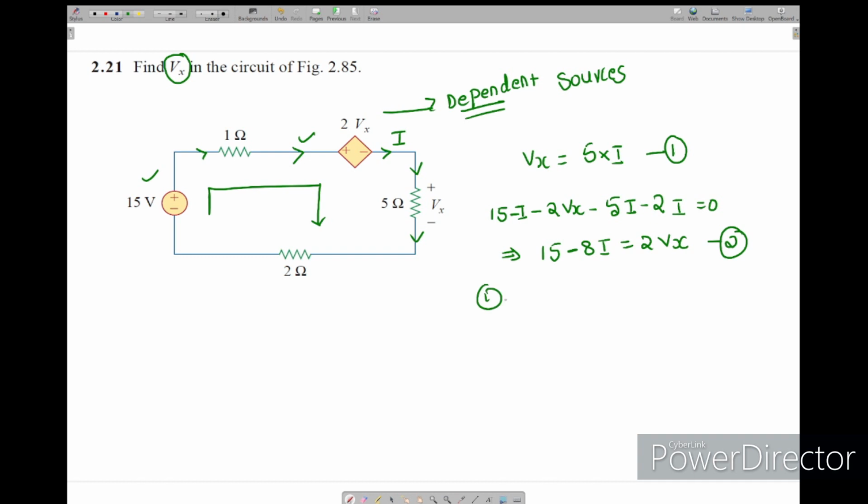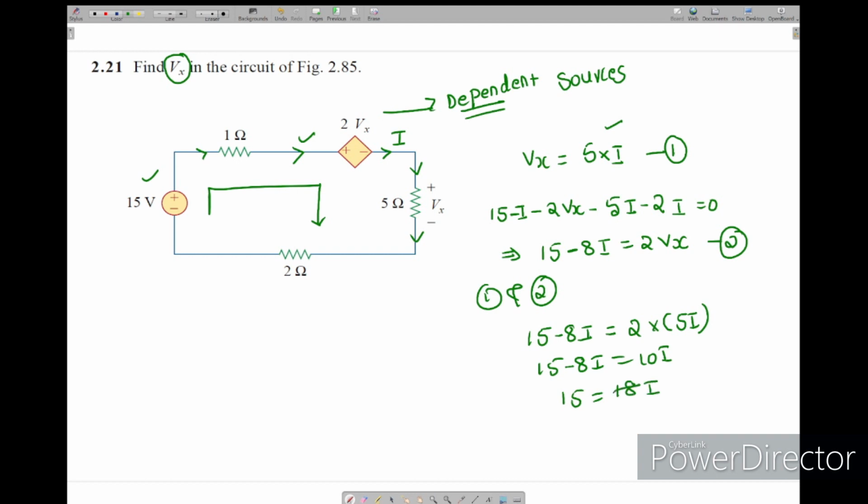By using 1 and 2, we substitute. In place of Vx, we put 5I. 15 minus 8I equals 2 times 5I, that is 10I. So 15 equals 18I. We got I equal to 5 by 6 amps.